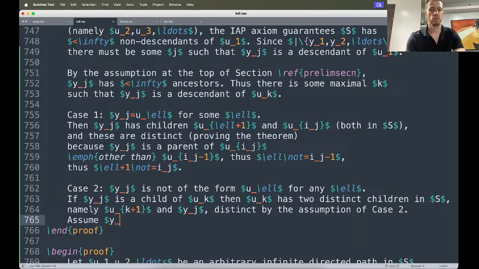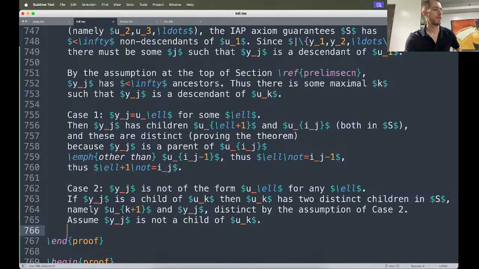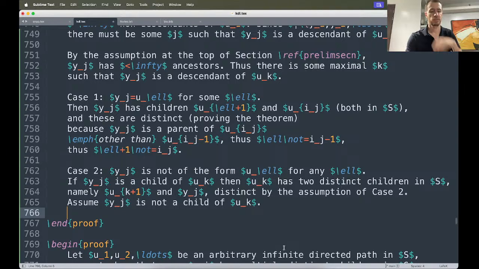Assume y sub j is not a child of u sub k.